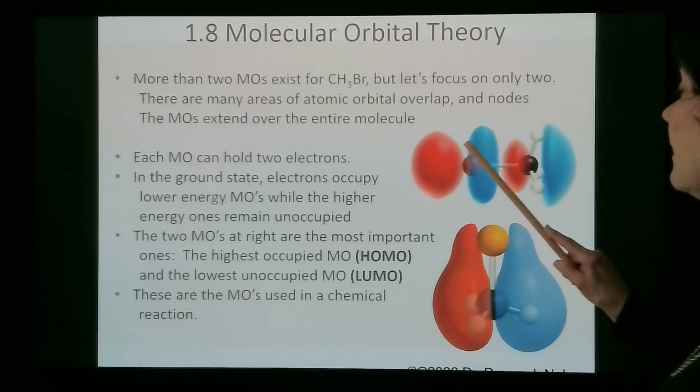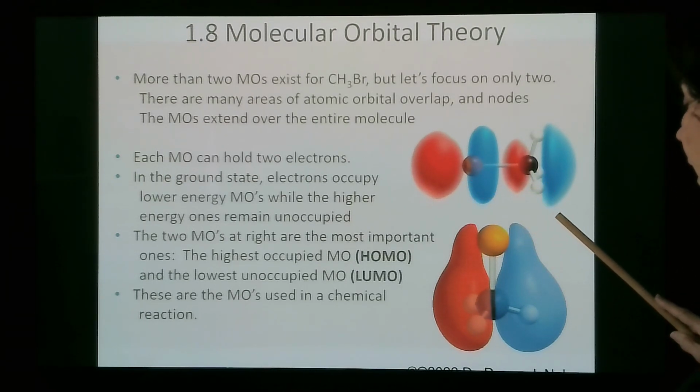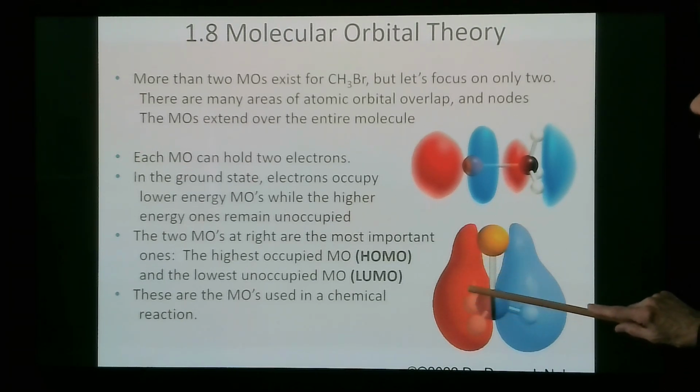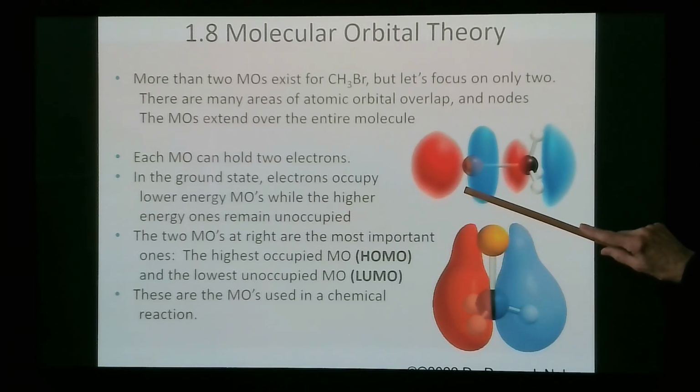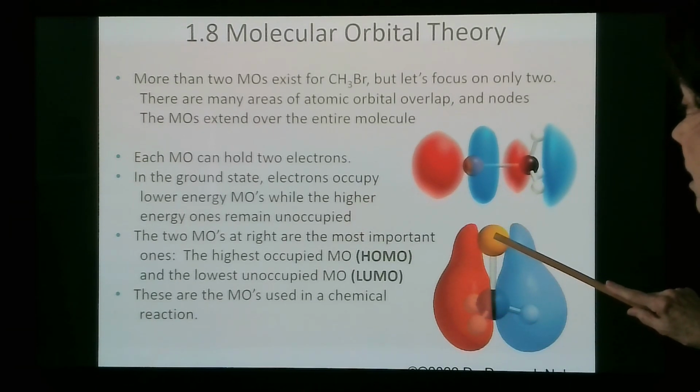Once again, this is the anti-bonding MO, and this is a bonding molecular orbital. This is for CH3Br.